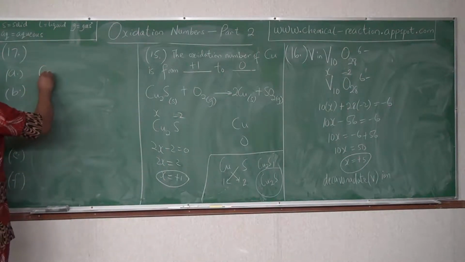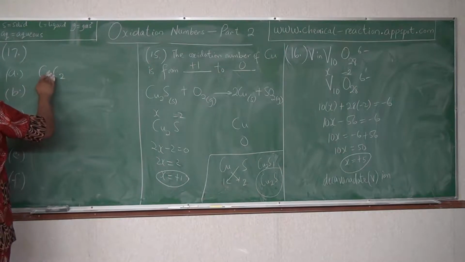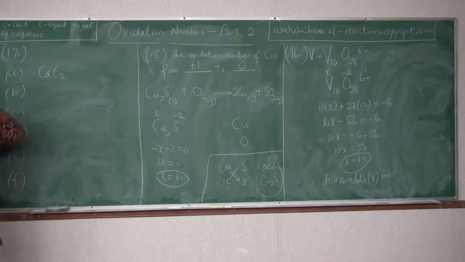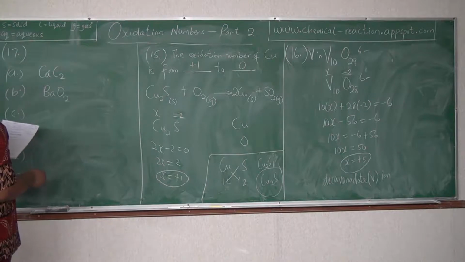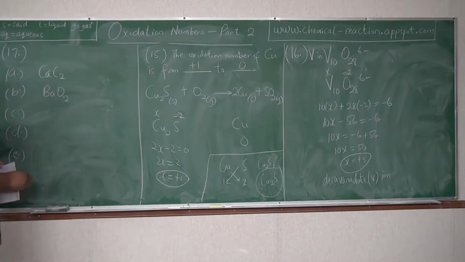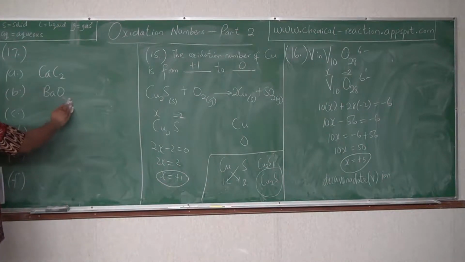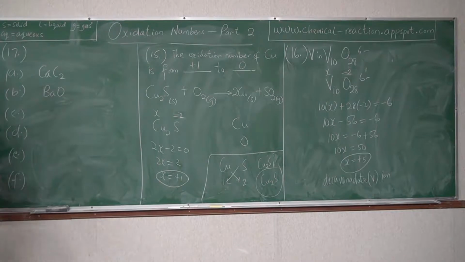So we have calcium carbide, which is explosive, barium oxide, barium peroxide actually, because of 2 oxygen atoms. This is barium oxide, but this is barium peroxide.